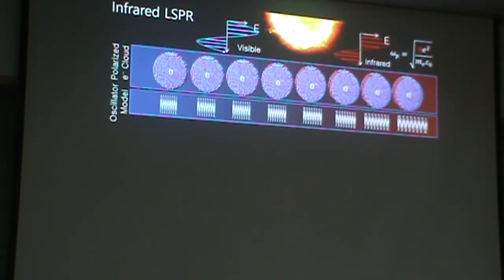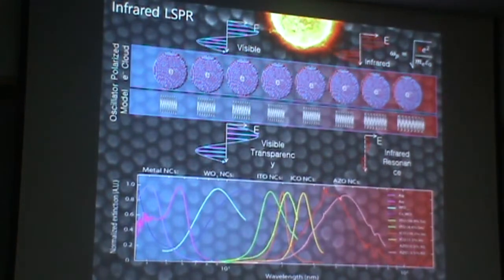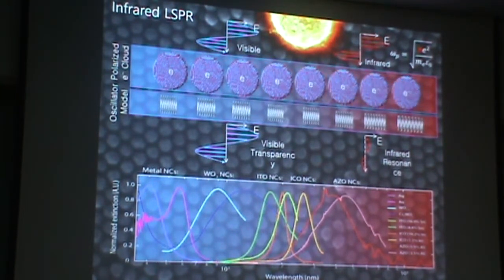So we can have great transparency in the visible, but very highly intense absorption in the infrared, for example, in sunlight. So we have a wide library of doped metal oxide nanocrystals that can be used in blocking the infrared energy from light sources such as the sun.